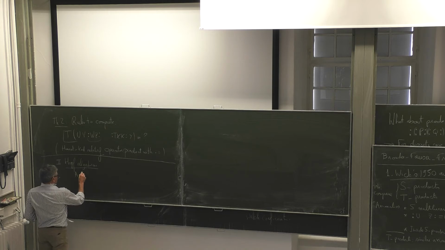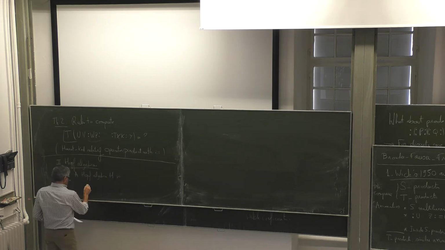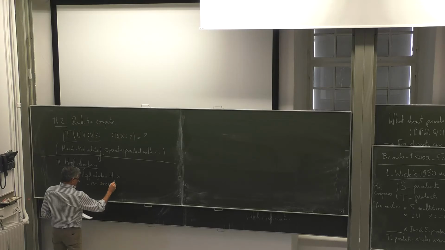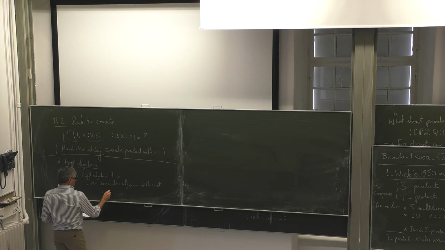So, a Hopf algebra H is by definition an associative algebra with unit. So there's an associative product and a unit, which I will write eta.